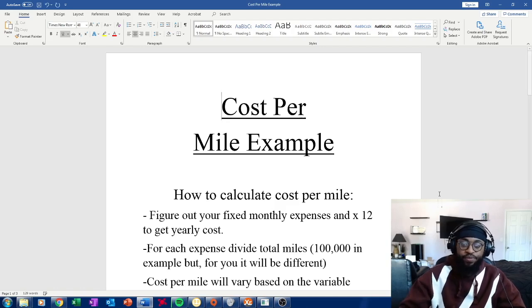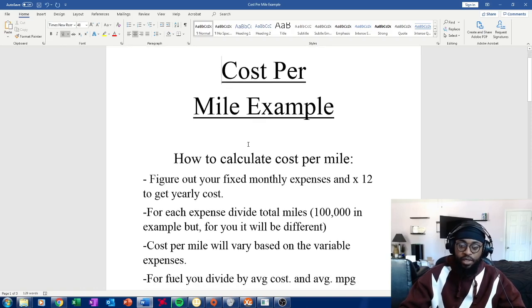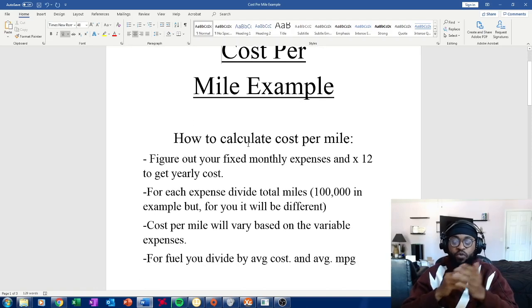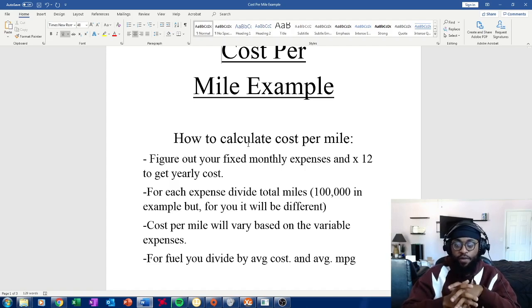All right, so let's get right into it. Cost per mile. Pretty much what you have to do to calculate your cost per mile is to figure out your fixed monthly expenses, multiply them by 12 to get the yearly cost, and then divide by 100,000 miles. Typically in trucking, that's the figure they use to calculate expenses, a 100,000 mile evaluation.